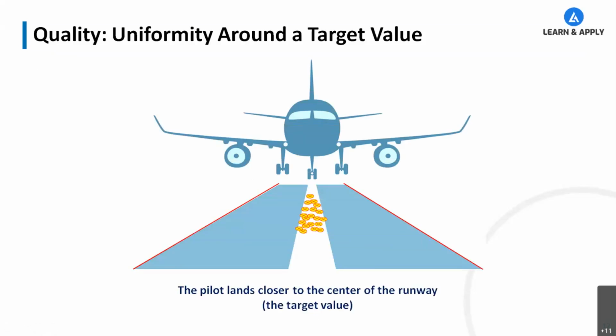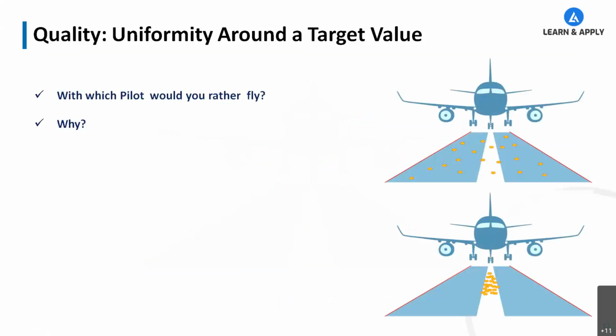In both cases quality is good, we can say there is uniformity, and the customer specifications are met. As we have seen, this is the specification, and both times the specifications are met. At this point, I would like to ask you, with which pilot would you rather fly? Which would you choose, the first or the second one?